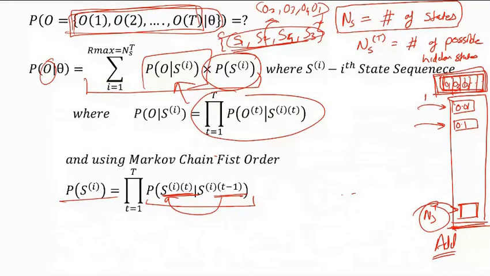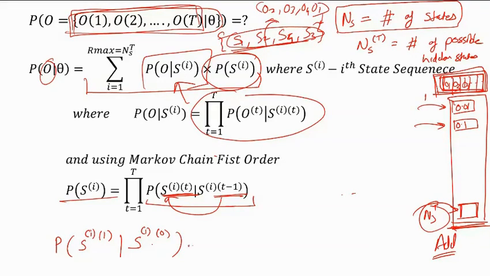Suppose I put t equal to 1: this is the probability of the given sequence Si at t equal to 1 given the initial state, the first step being t equal to 0.